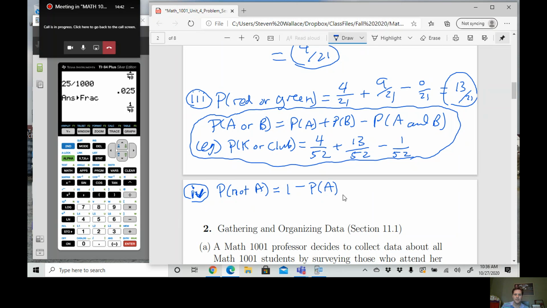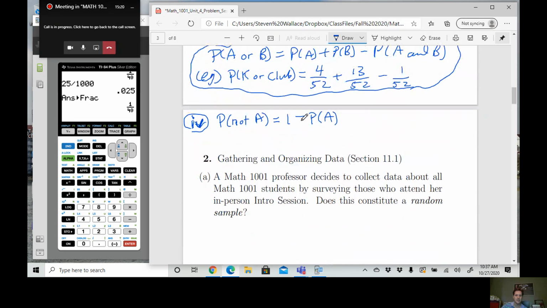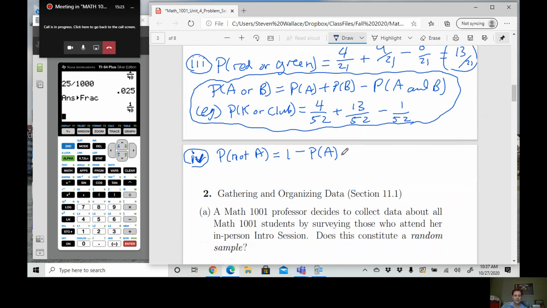So, for example, what's the probability that you get at least 1 heads in 10 tosses of a coin? Well, that means not all tails, okay? So sometimes it's easier to count up the number of outcomes that are not favorable than it is to count up the number of outcomes that are favorable. Since the total probability would be the number of outcomes in S divided by the number of outcomes in S, the total probability is 1, 100%.